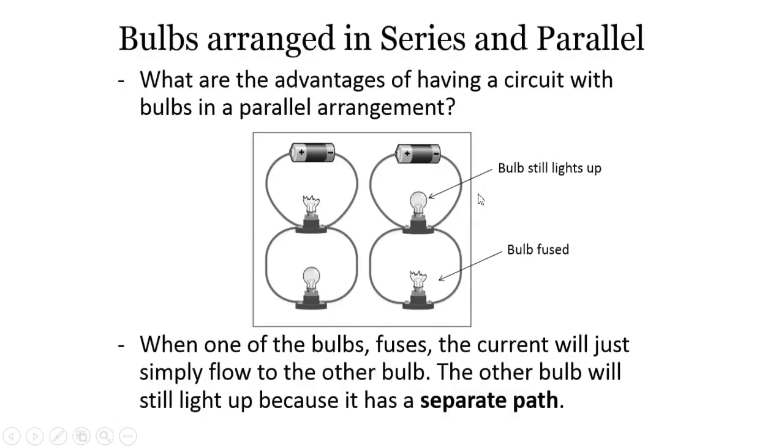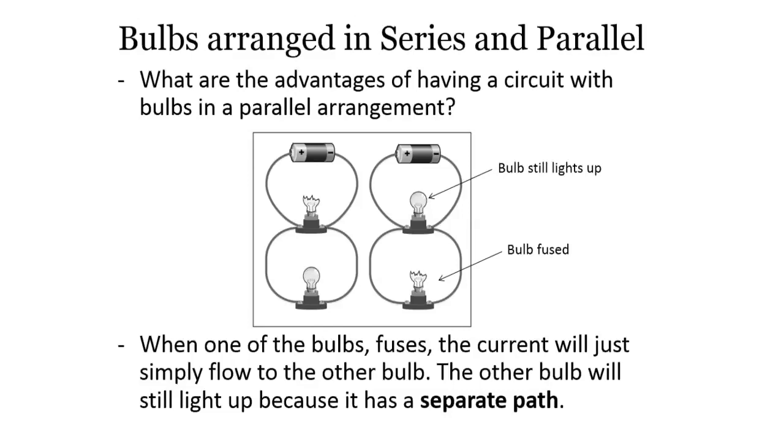And then here, just like the example I gave you for the lanes, if the cars are in two lanes, they are in parallel. One can move and the others will be standing. The same with the bulbs. One bulb can be fused, but the other one will be working.